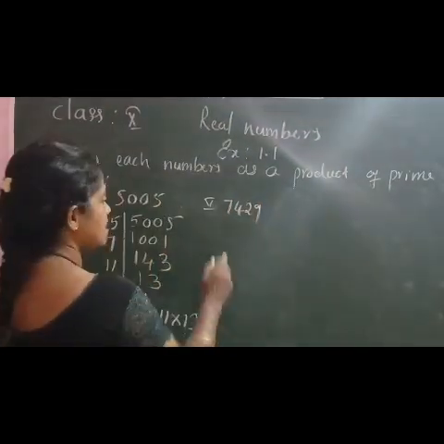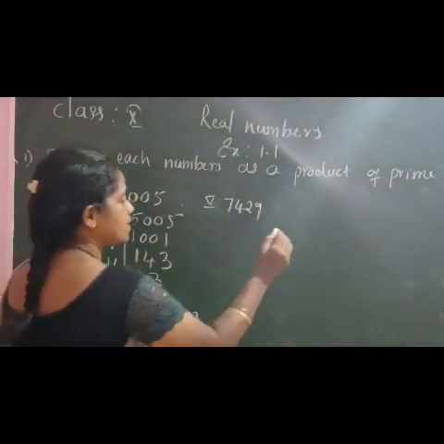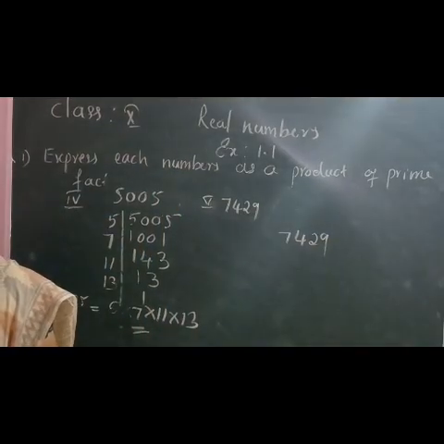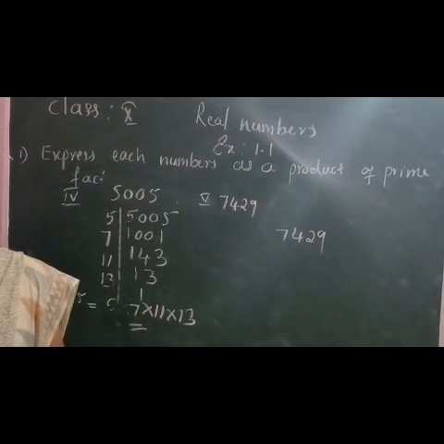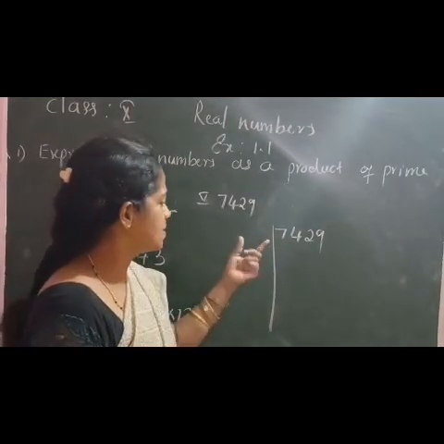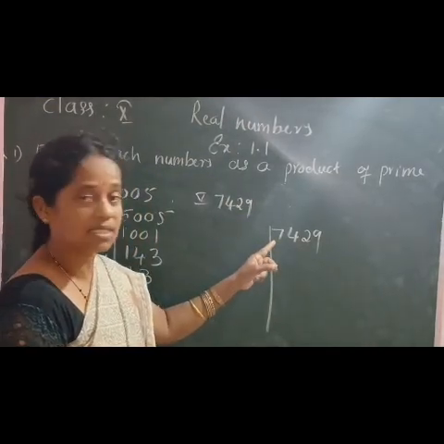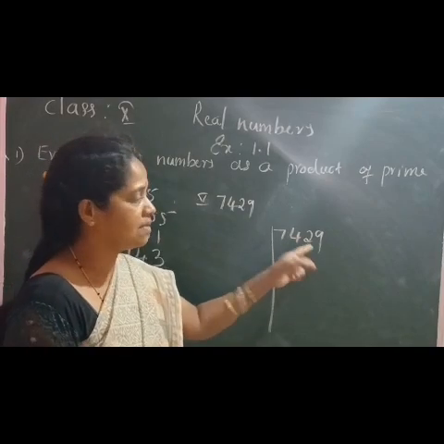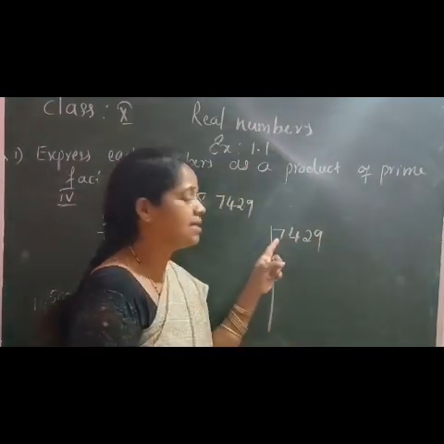The last number is 7429, by the factorization method. Do it carefully. This will be the last problem in Exercise 1.1. The given number is not divisible by 2. Check whether this number is divisible by 3 or not: 7 plus 4 is 11, 11 plus 2 is 13, 13 plus 9 is 22. 22 is not a multiple of 3, so it is not divisible by 3.